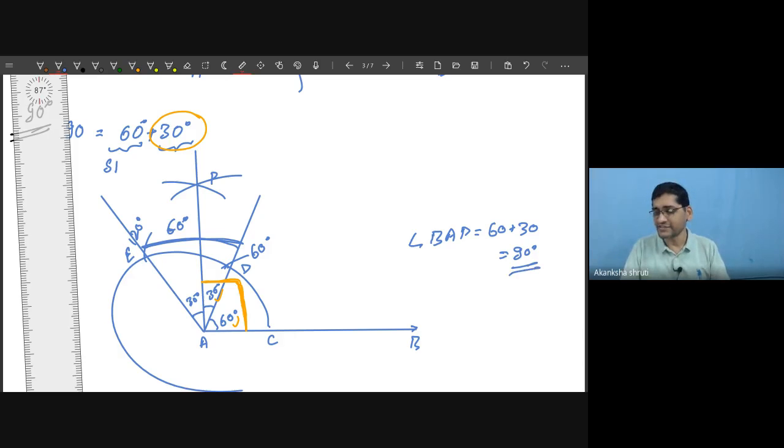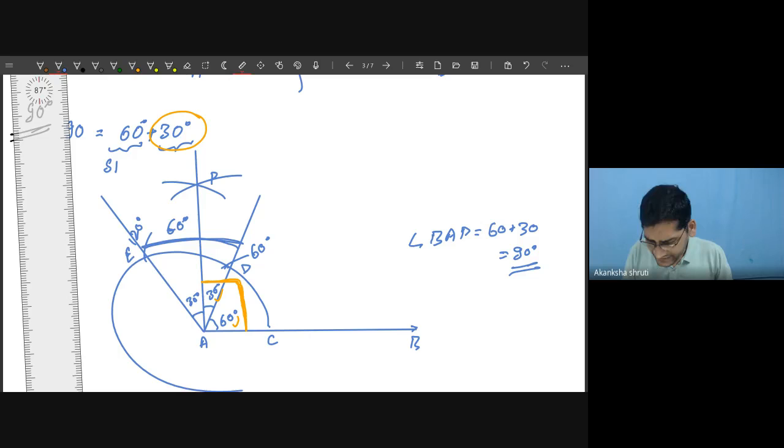This way the angle bisector is drawn, and the angle bisector is used for getting the standard angles. Further, this 30 degree can be divided by the same technique to get another 15 degree over this 60 degree, so that way we can get 75 degree.